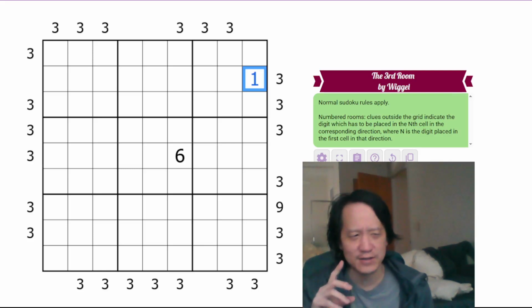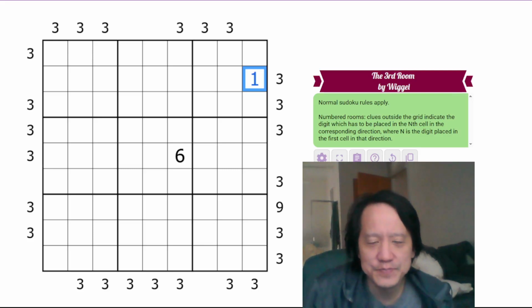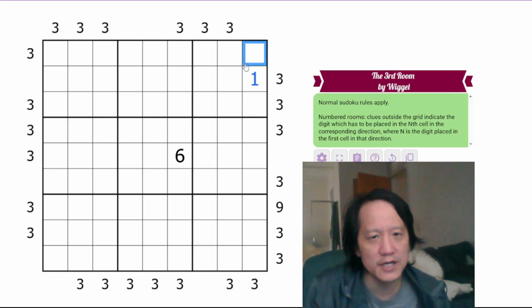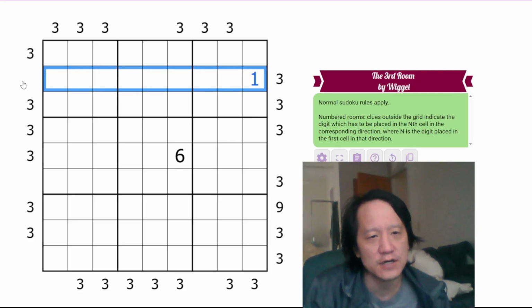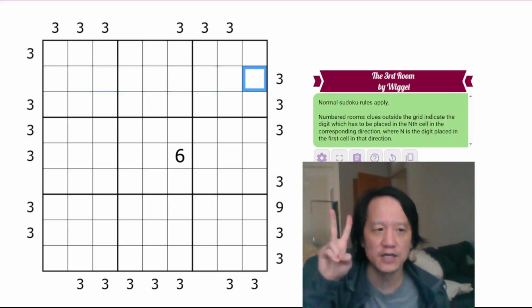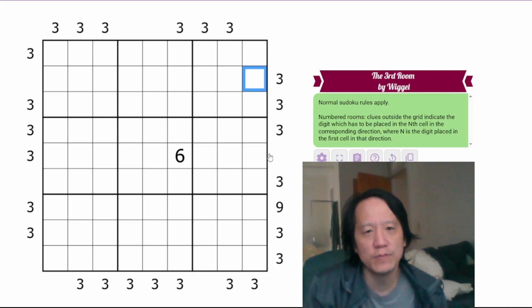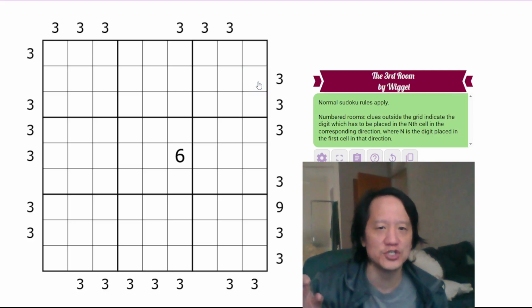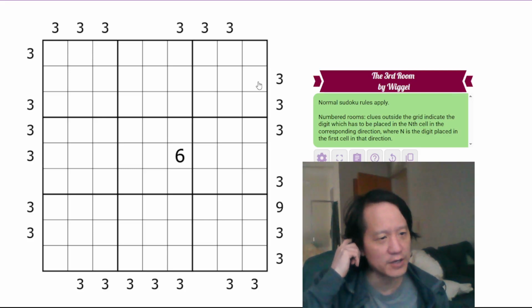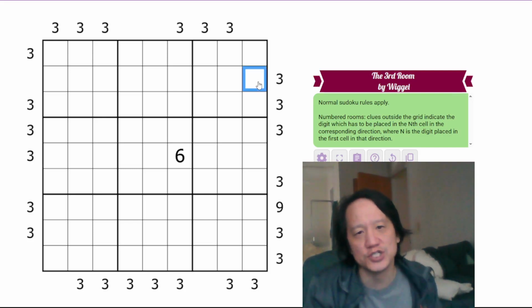So 1 can never be in the first cell for a numbered rooms clue unless the clue outside is a 1. And the second thing is, on a numbered rooms clue, you can't have the same digit as the clue, unless it's a 1, be the first digit.